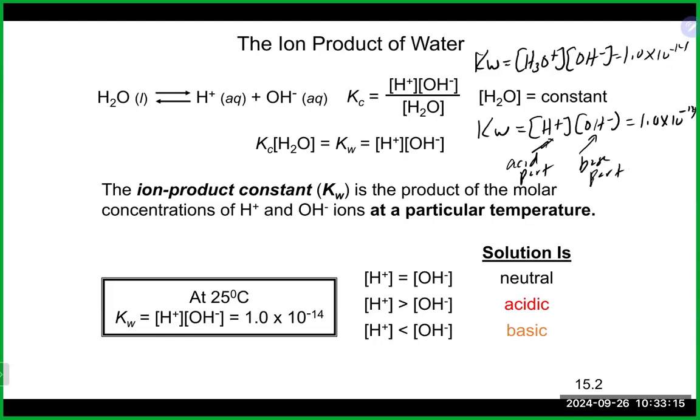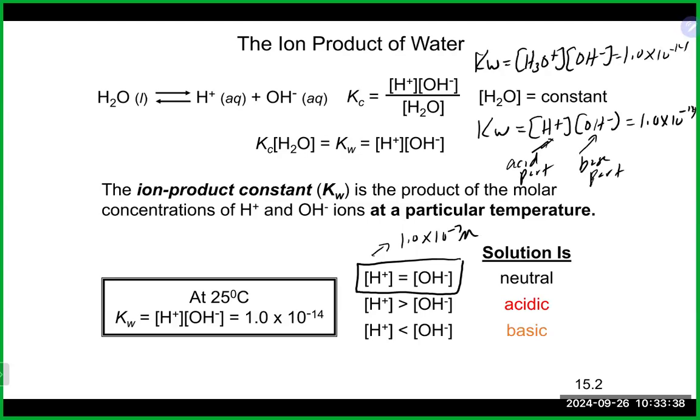So you could use this to solve for the concentration of the H plus or OH minus if you know the other. And if you solve for them and they do equal each other, you end up with an H plus concentration that equals an OH minus concentration. By the way, that would be in this case something like 1 times 10 to the minus 7 molar for each of them.